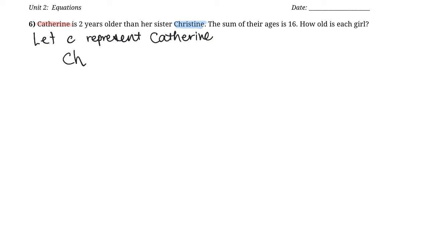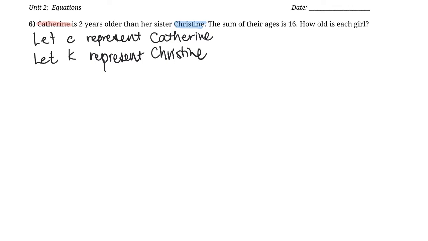It would look like C times H, and C would represent one thing and H would represent something else. So avoid using double letters. So I'm going to erase this. So maybe instead of using a C for Christine, let's say let K represent Christine.